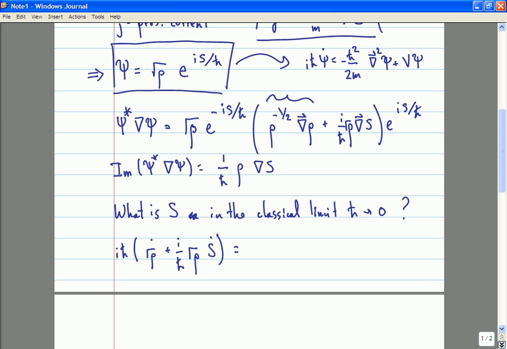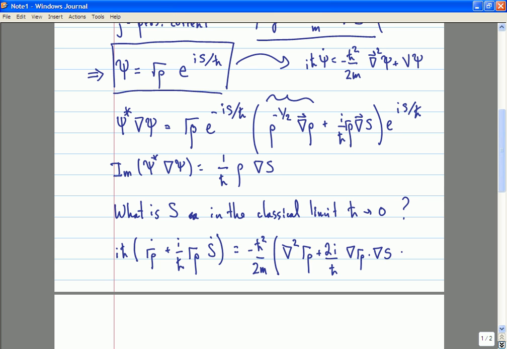And then the right-hand side of this equation is minus ħ squared over 2m times the second derivative of ψ. And the second derivative of ψ is going to be the sum of four terms. There'll be one term where the derivative hits the square root of ρ twice. There'll be one term where the derivative hits the square root of ρ once, and once hits the S up in the exponential.